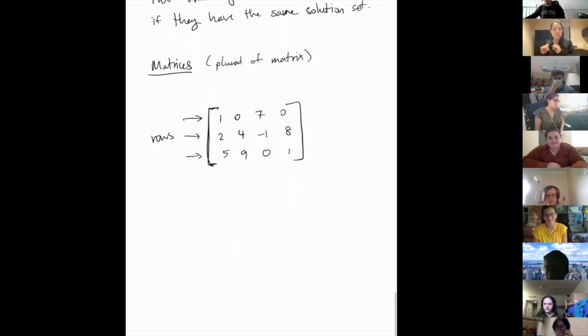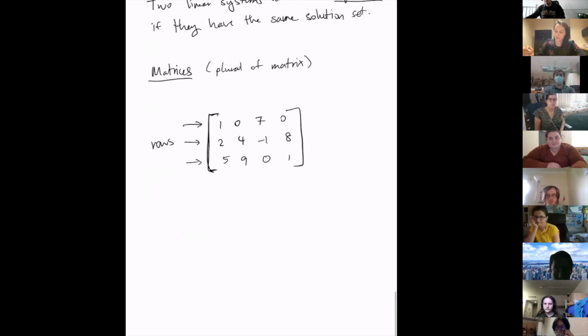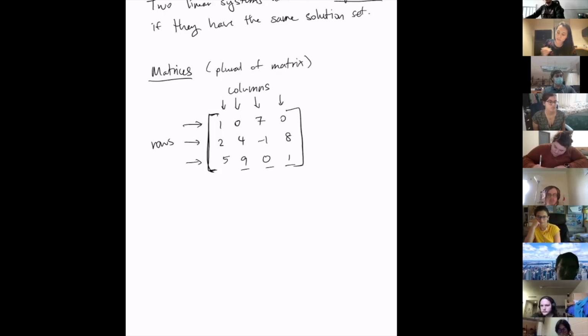So far we have rows, and then cutting it vertically, we have the columns of the matrix. Any of the particular numbers in here, we call the entries.